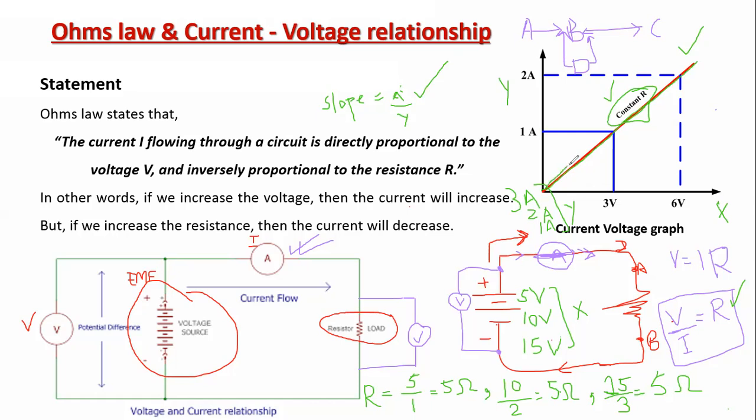Linear slope means the slope or gradient is the same all the time. That is why the relationship between voltage and current is linear, a linear increasing graph. So I think this is pretty much clear now.